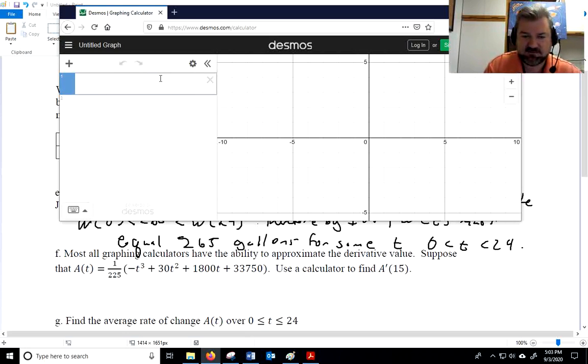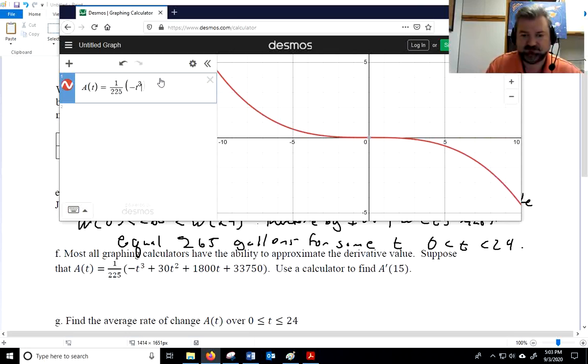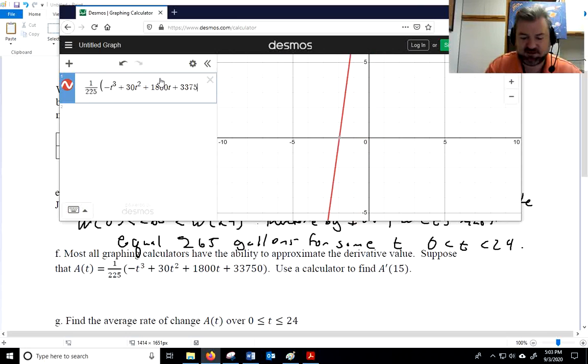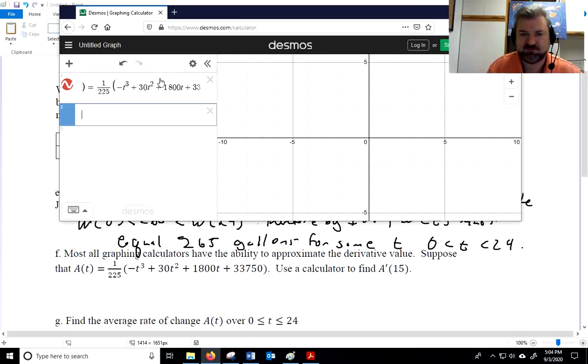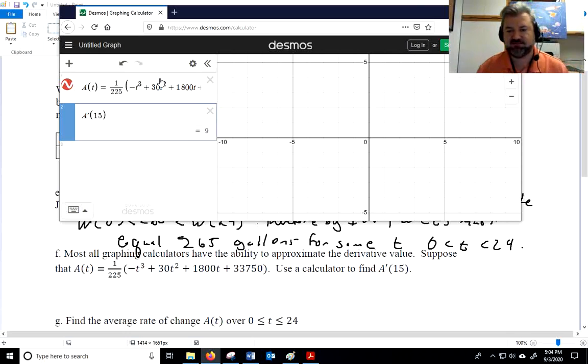I bet it'll even let me do A of t. Let's find out. A of t is 1 over 225 times negative t cubed plus 30t squared plus 1800t plus 33750, close parenthesis. All right, I want to get A prime of 15. And the answer is 9. And that's all there is to it.